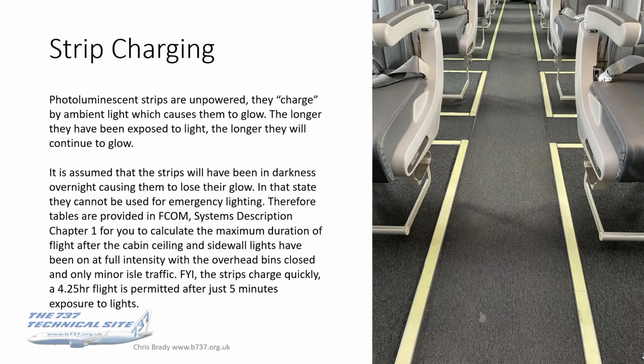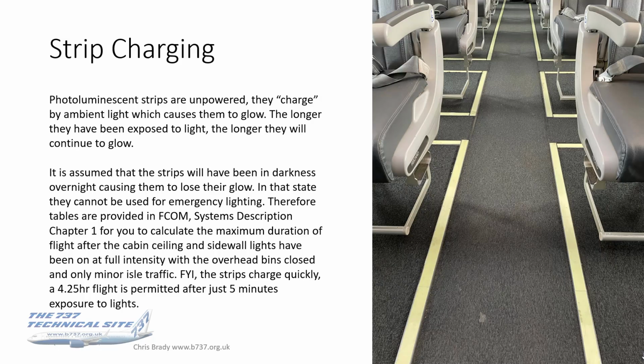So, tables are provided in the FCOM System Description Chapter 1 for you to calculate the maximum duration of flight after the cabin ceiling and sidewall lights have been on at full intensity, with the overhead bins closed. That's so that you don't get shadows off the overhead bins, and only minor aisle traffic, you haven't got the aisle full of people, which again are casting shadows onto these.